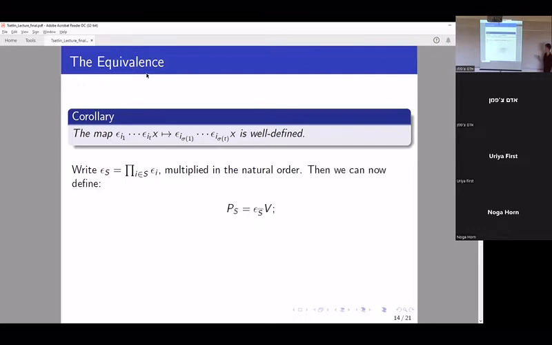And now we can really just define the subspaces. So maybe I'll use the board a bit. So we have PS is epsilon of S bar, the complement of S, times V, which means that let's take, for example, S equals 1 to n minus 1, and let's return to the example of multilinear polynomials.